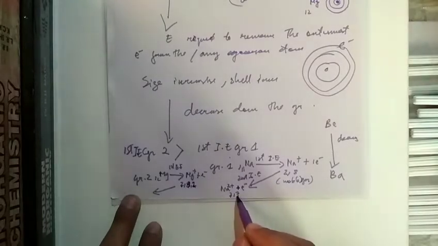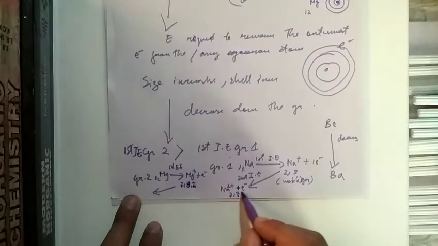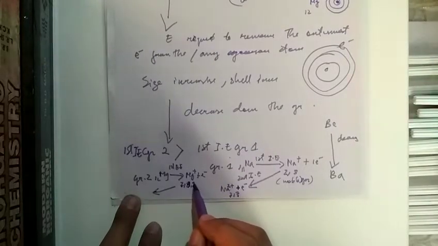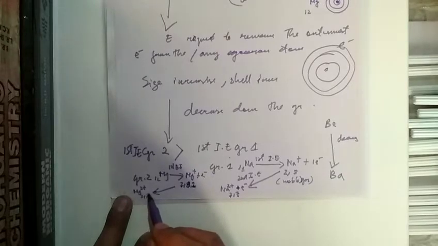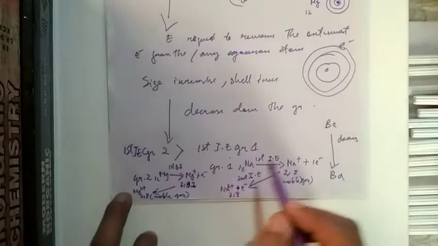Now from this second shell, it will require higher energy to remove an electron. But the third shell has only one electron, so it will be easy to remove this. So it will become Mg2+ with 2 8, the noble gas configuration.